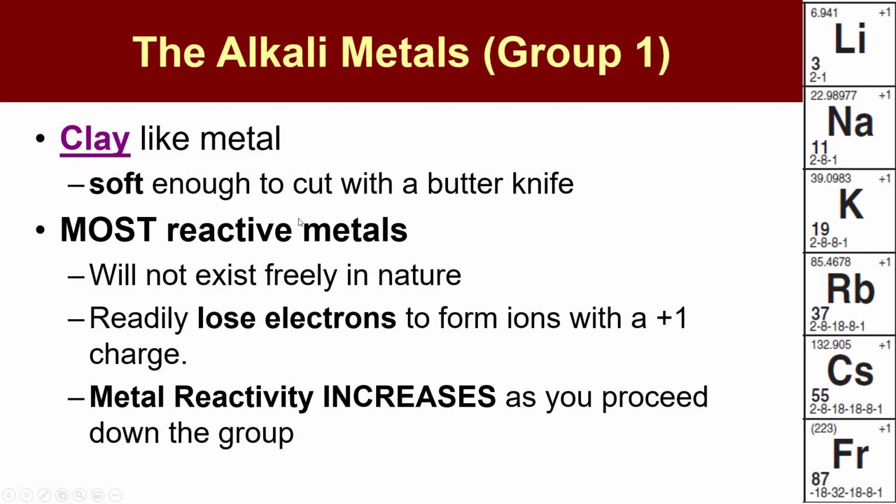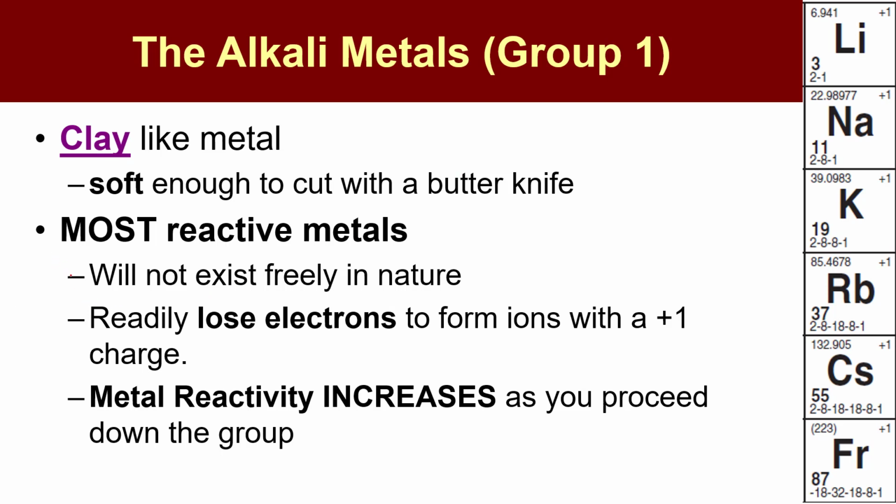So your alkali metals are the most reactive metals. Now, what does that mean? Well, reactive means a willingness or ability to engage in a chemical reaction, and they are so reactive that they will not exist freely in nature. That means they will always exist combined with something else, usually a halogen.